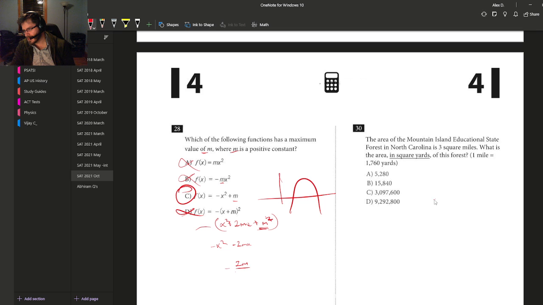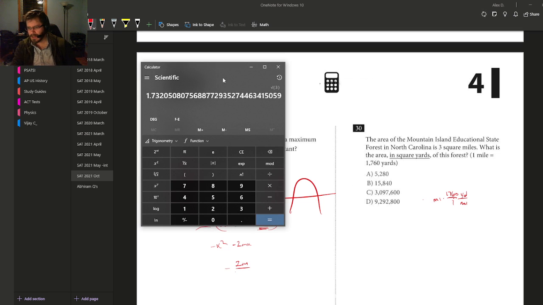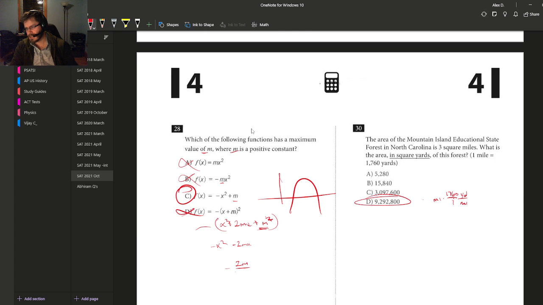If I want to convert this to yards, I take the number of miles that we have and multiply that by yards over miles. So that would be 1760 over 1 times the number of miles that we just calculated. So this times 1760 gives us that, and then we want this in square yards, so squaring this gives us that answer.